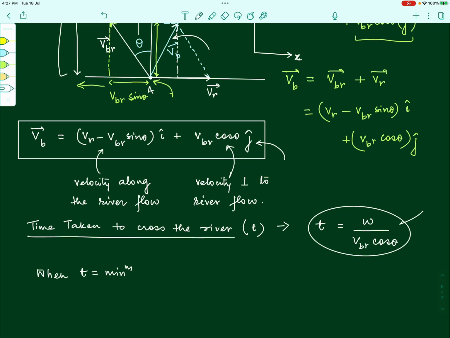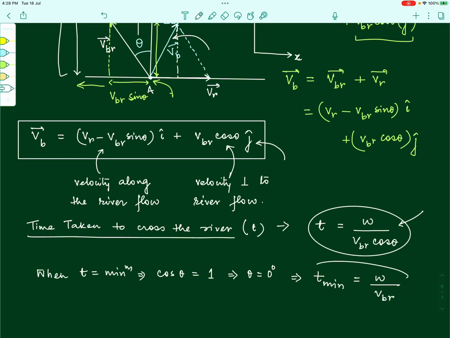Do we understand from this relation that when the denominator takes its maximum value, the overall expression will take its minimum value, the time will take its minimum value? So, can we say that t will be minimum when cos theta is maximum, that is 1, which will happen for theta being 0 degrees, right? And this will give us the minimum value of t. T minimum will be simply W by VBR.